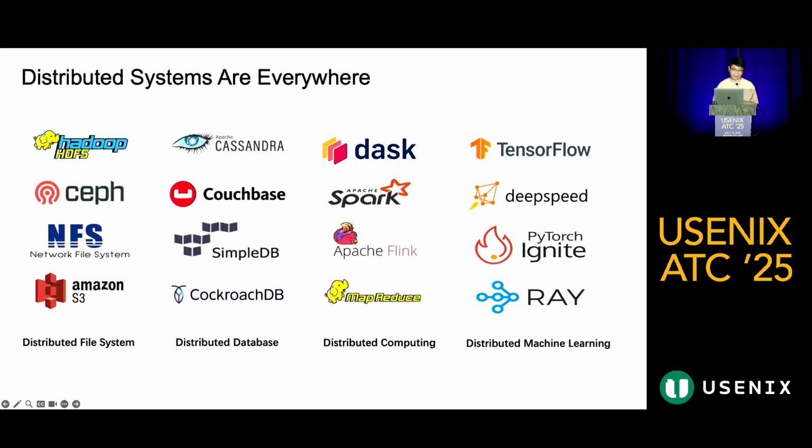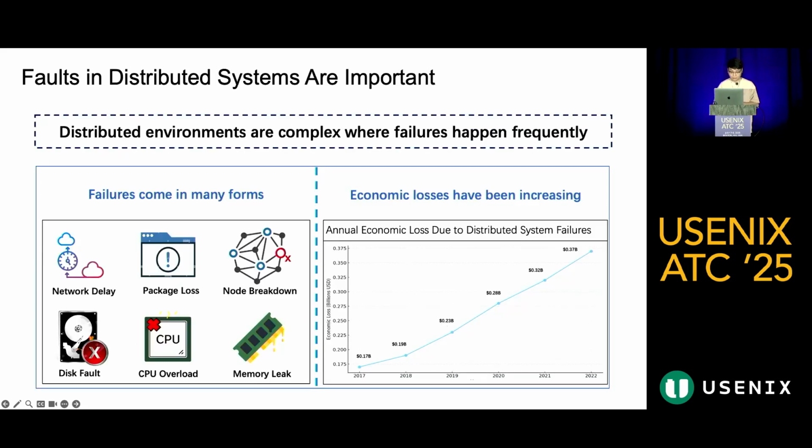Distributed systems are everywhere, from distributed file systems, distributed databases, to distributed computing frameworks and distributed machine learning. They help handle large-scale data and keep things running across many machines. Distributed environments are complex and dynamic, where failures happen frequently.